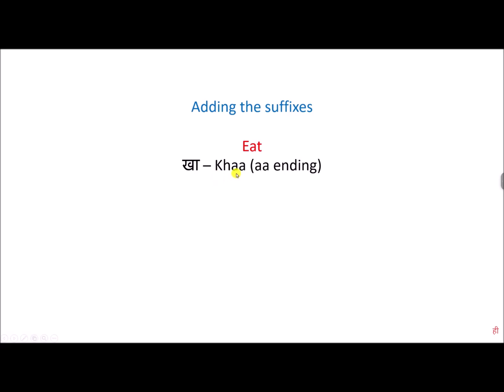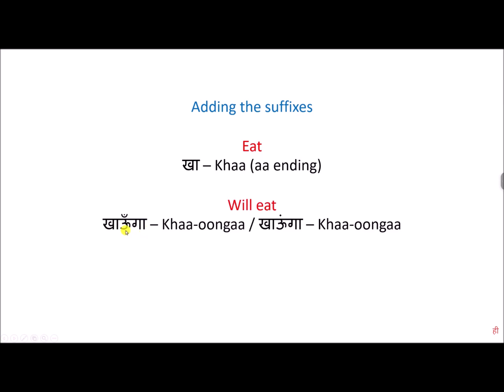If a verb has an aa ending like this, then we add unga directly to it. Khaunga. You can write khaunga like this or this. In reality, this is how we write.